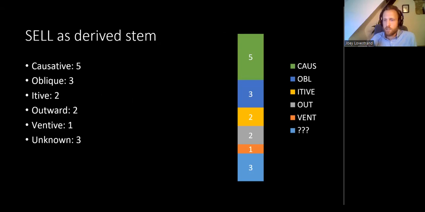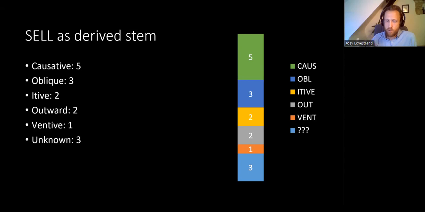Now, looking at the languages that don't have a particular distinct verb root for expressing sell, but instead use some kind of verbal morphology, there are several different strategies that are used. Out of the languages, I think it's 16 languages that do this. There are 5 languages that use a causative form of the verb that means trade or buy in order to mean sell. There are 3 languages that use what's called an oblique form, and oblique is another valency increasing operation similar to applicative, but more restricted in its uses.